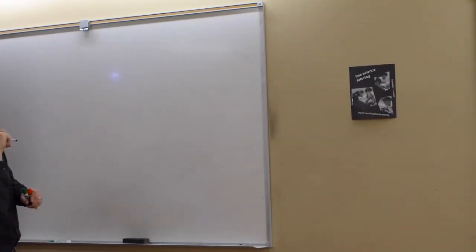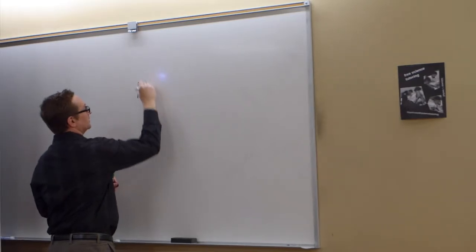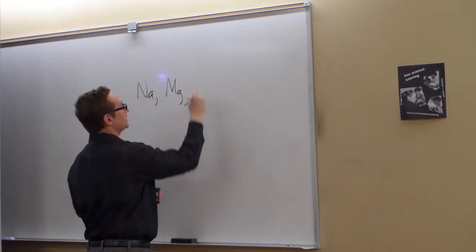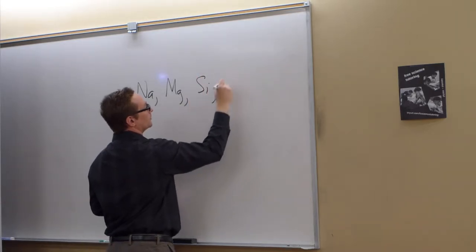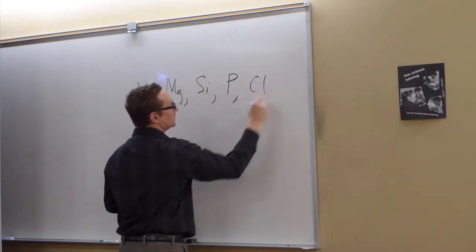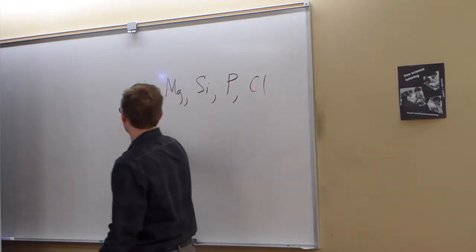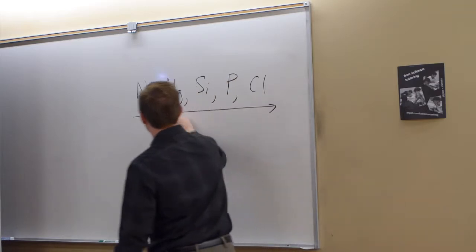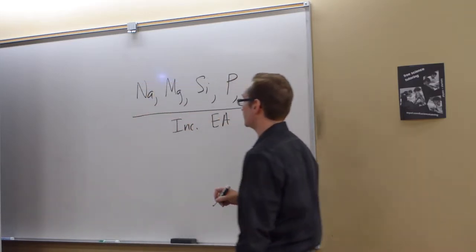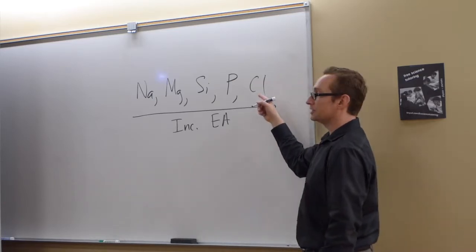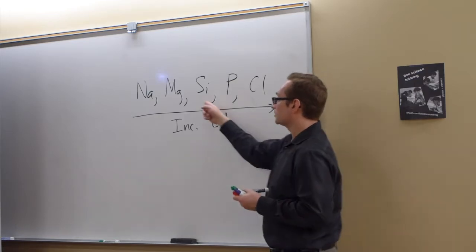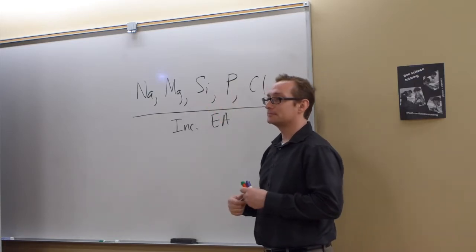We have sodium first, followed by magnesium, followed by silicon, followed by phosphorus. So you would think that this would be the correct order of increasing electron affinity. In other words, it releases more energy to the surroundings for chlorine to gain an electron than the others. In general, this is the correct trend, but these are out of order a bit.